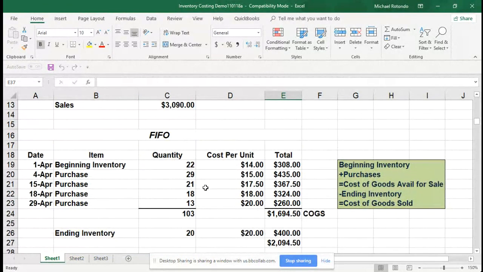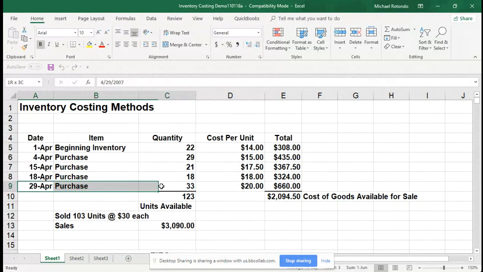But the difference is we're taking the last ones we've purchased and selling those first. So when prices are rising, LIFO is going to have the highest cost of goods sold and the lowest gross profit. So the only reason to use LIFO is for tax purposes, because it will make your net income lower.